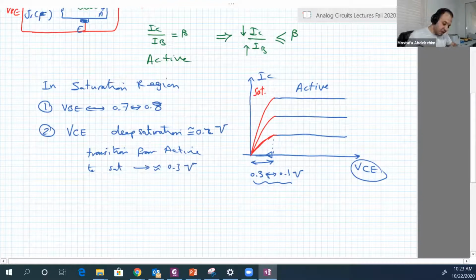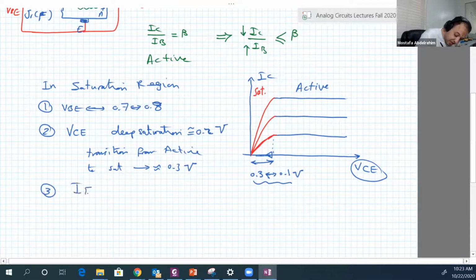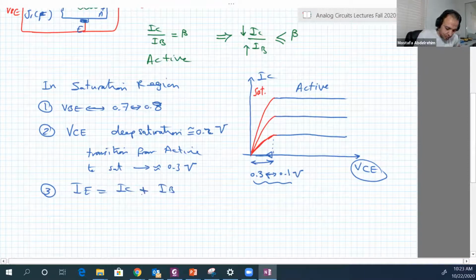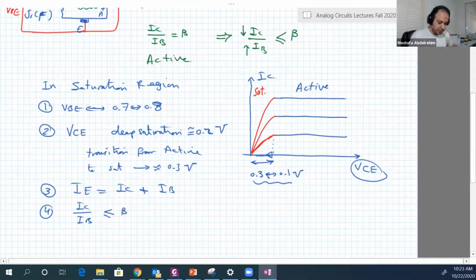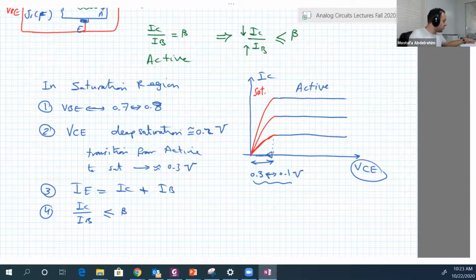What else do we have? We still have IE equal to IC plus IB. No change in that. But now we have IC over IB less than or equal to beta. Okay, not equal to beta.